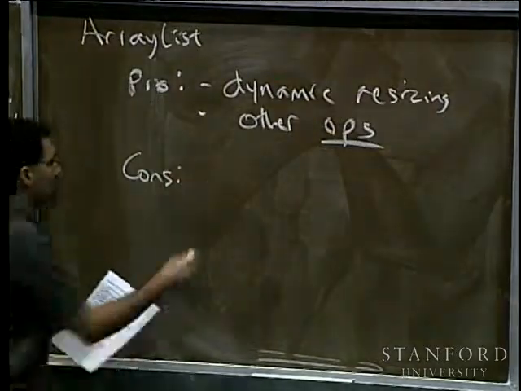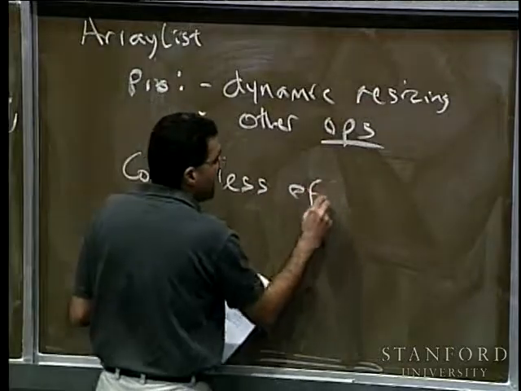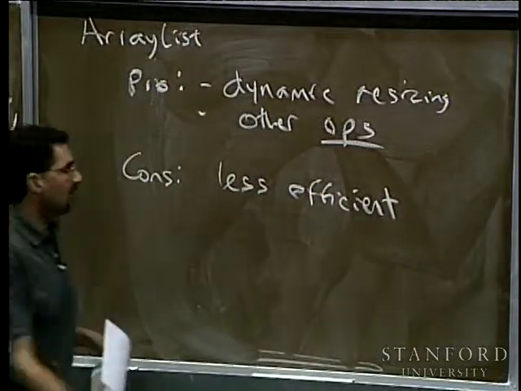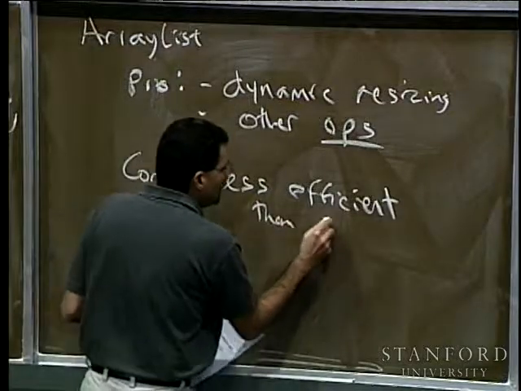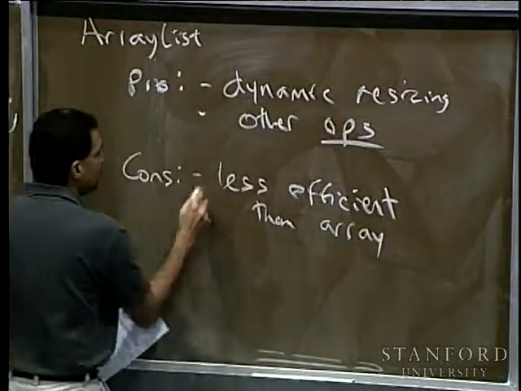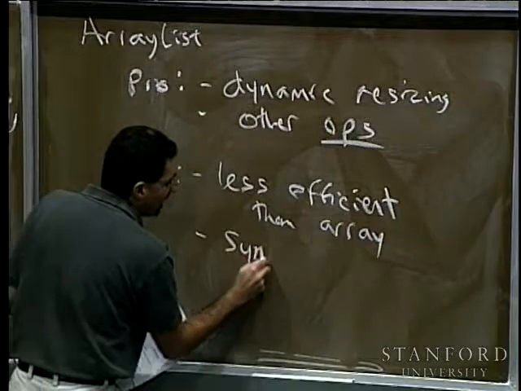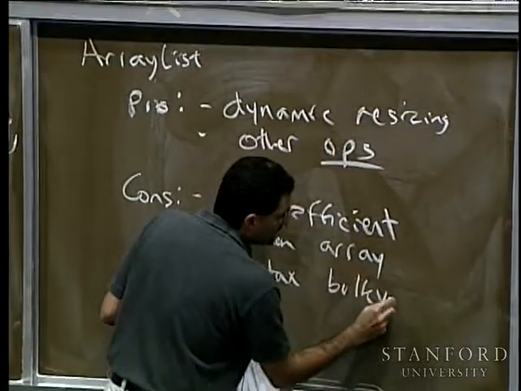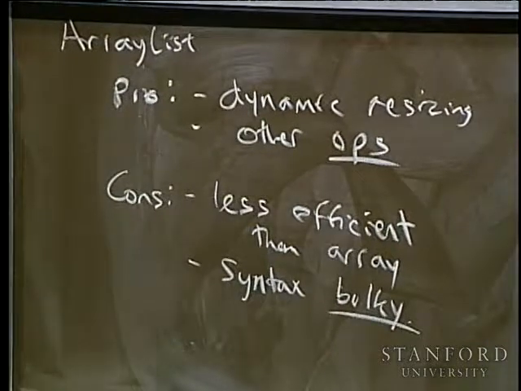It does have some cons, though. The cons are that it's less efficient than an array in terms of how the computer actually deals with it. The other con is that its syntax can get bulky. Often I want to make some modification to the values in an array.